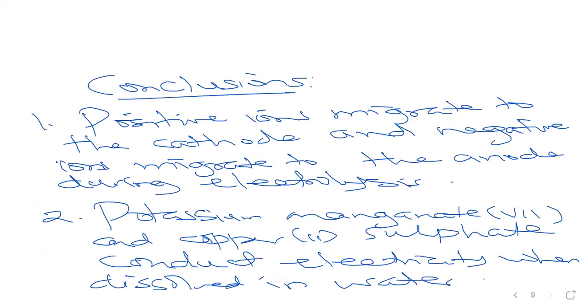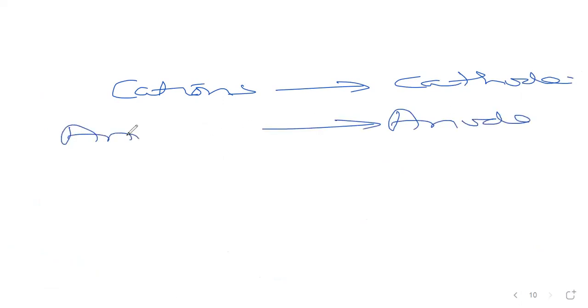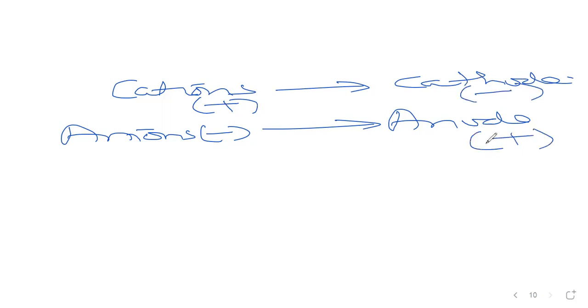We should conclude that to the cathode, cations migrate, and to the anode, anions migrate. Anions are negatively charged ions, cations are positively charged ions, the cathode is negative and the anode is positive, strictly in an electrolytic cell.